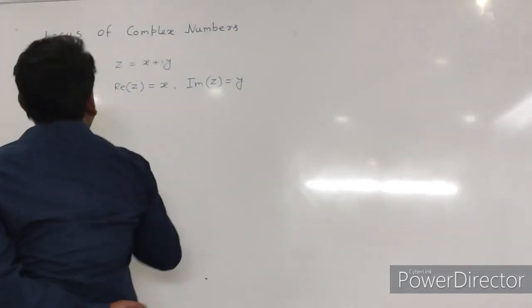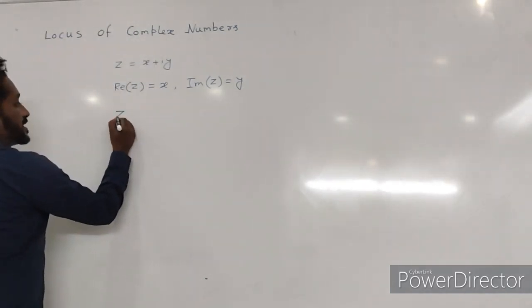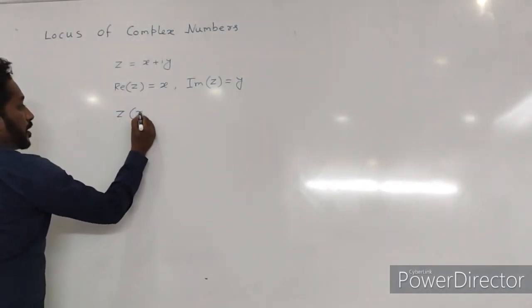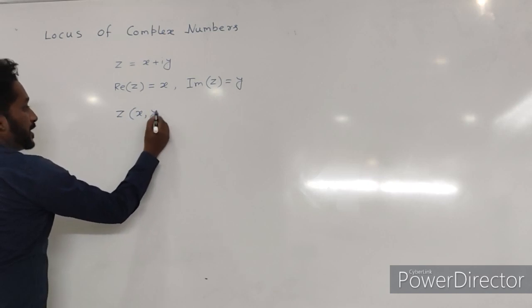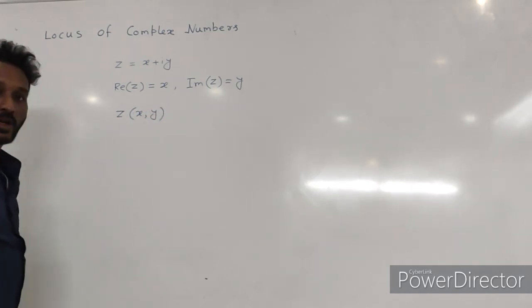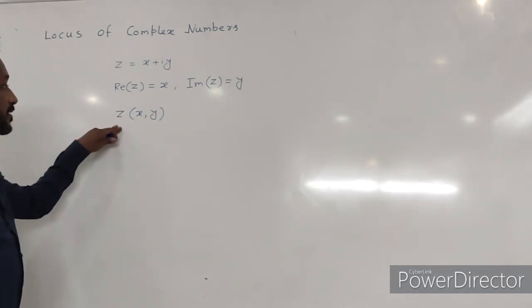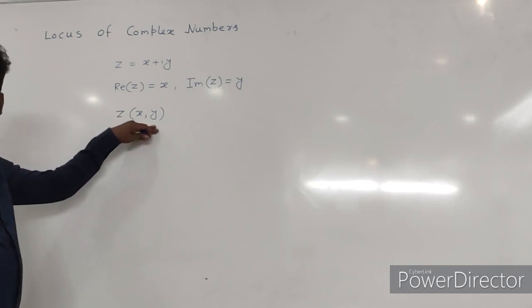Then graphically, we can denote this point z by the point x comma y.